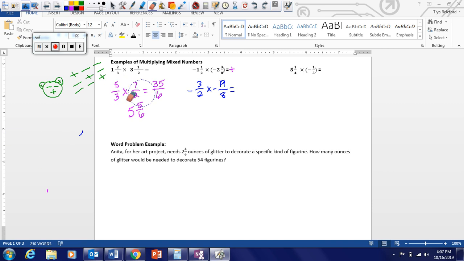This first one we could do in our head. I don't know about you, but I can't do 19 times 3 in my head. So I might need some scratch paper. And again, we are improper, so on some scratch paper, your top and bottom out.